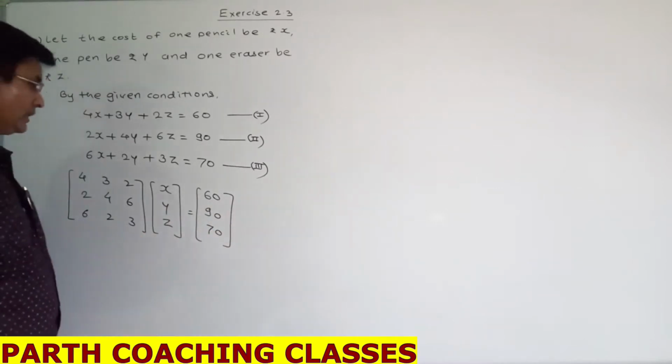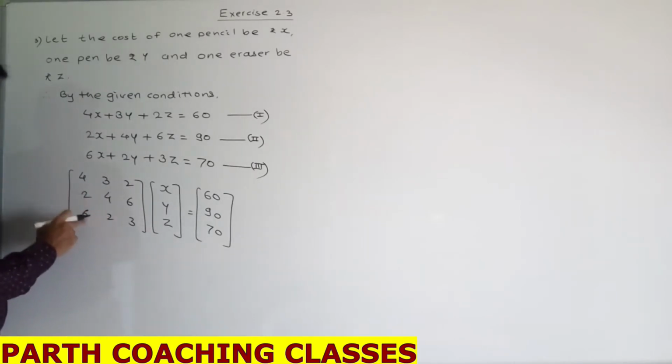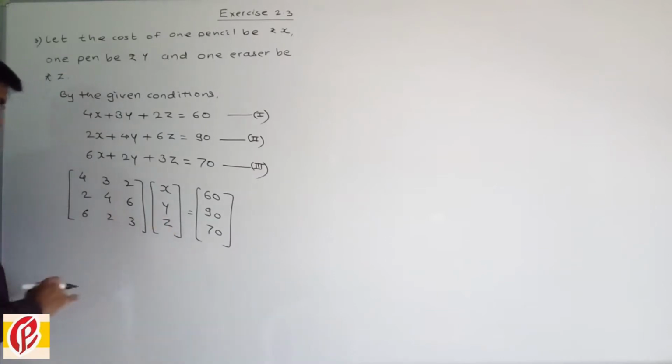In the reduction method, what is the next step? We make this matrix A an upper triangular matrix, and for that we make zeros in these 3 places. What do we do to make the zeros here? We multiply row 1 by 2 and row 2 by 4 and then we get 0 here. But there is another easy method, so I will teach you that method.